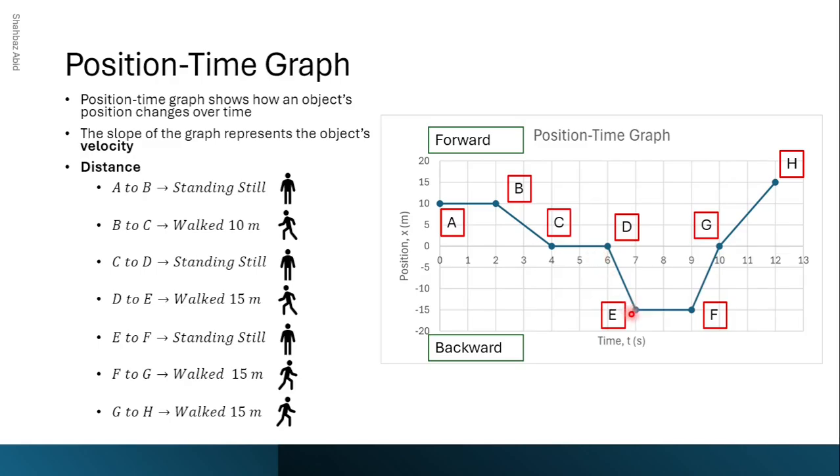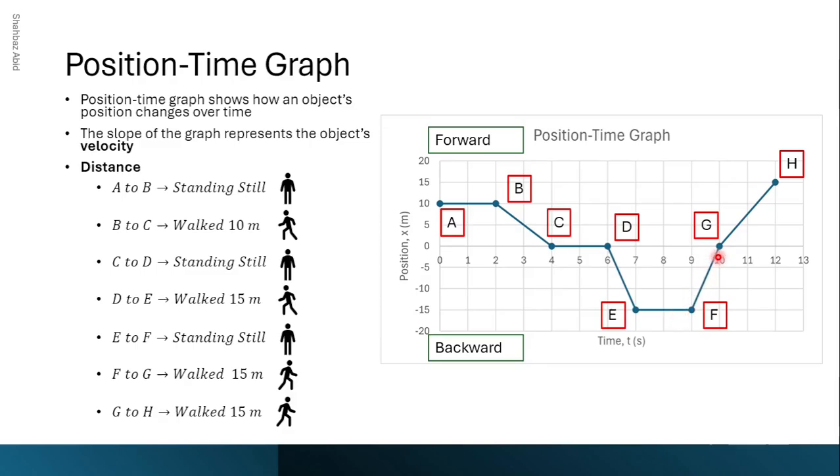From D to E, again the slope is negative, and I have covered from x equals 0 to x equals negative 15, which means I have moved backward. From E to F, again the slope is equal to 0, which means what? I'm at rest. I'm standing still. From F to G, the slope is now positive.